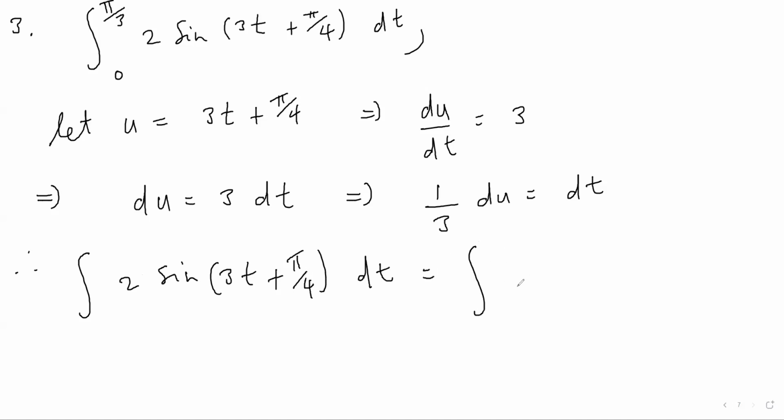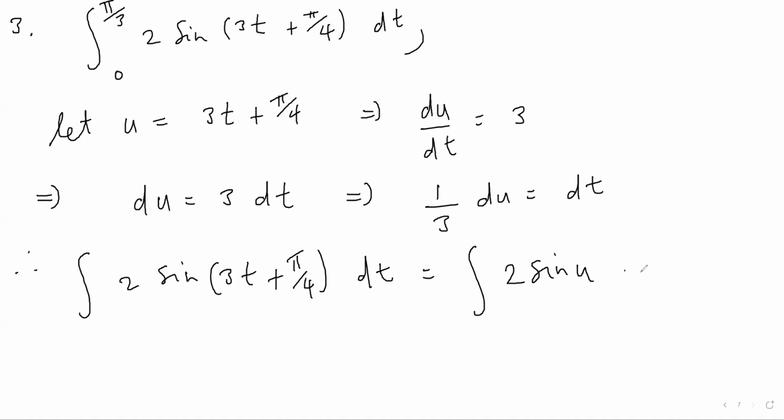That's equal to the integral of 2, and now we're going to substitute in the u. Remember, this is the substitution method. So it's 2 times sine, and in place of 3t plus pi over 4, we just simply put u, because we said let u be equal to 3t plus pi over 4. So we got 2 sine u, and in place of dt, we put 1/3 du, because that's dt in terms of u.